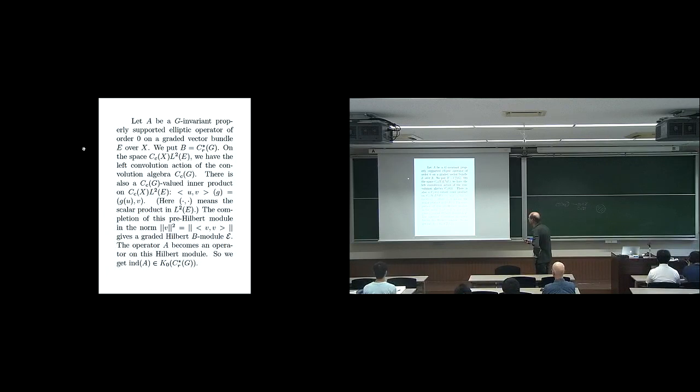So we take the convolution algebra. It acts on this space of functions. On this space of functions, we have an inner product with values in the convolution algebra. It's defined like this. The dependence on G is this one. And this is the scalar product in L2 of E.